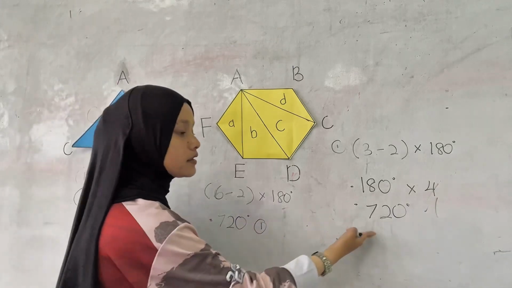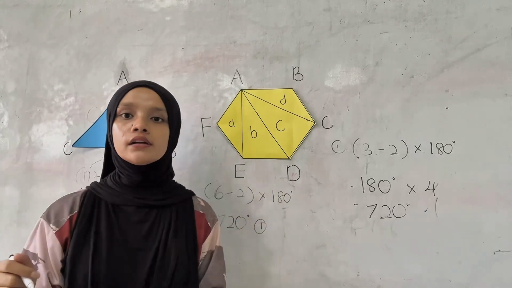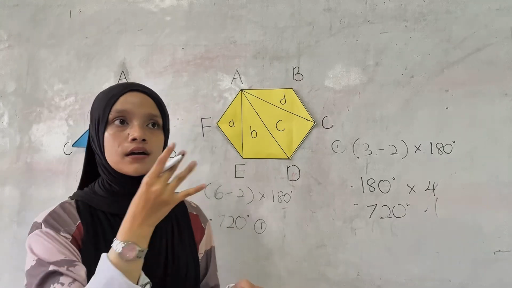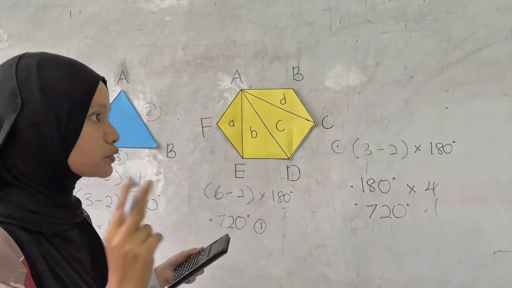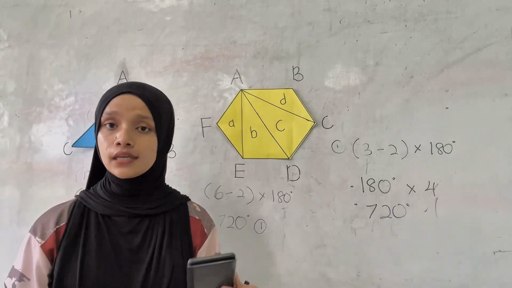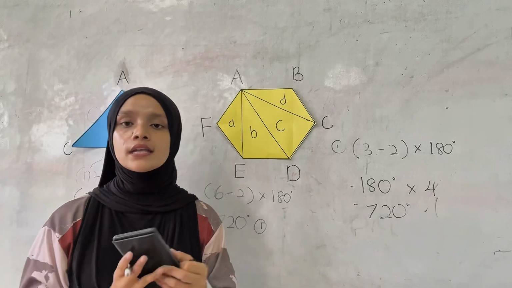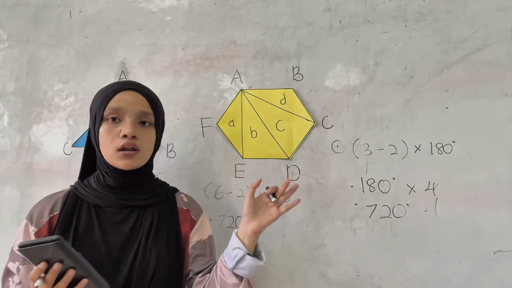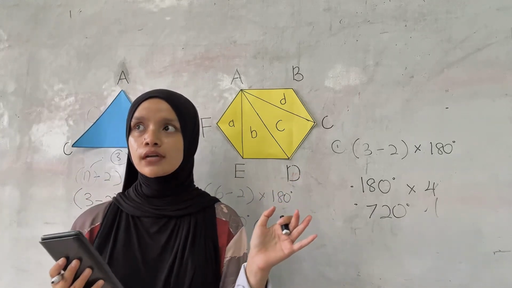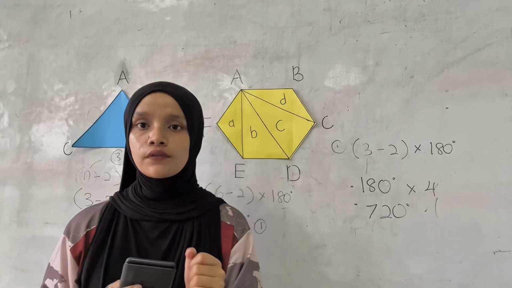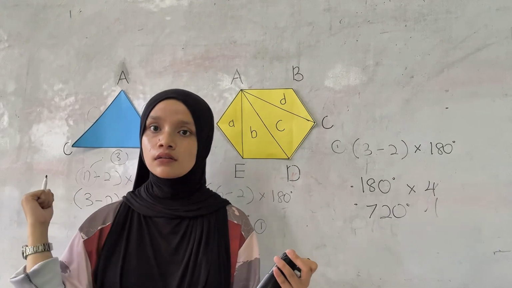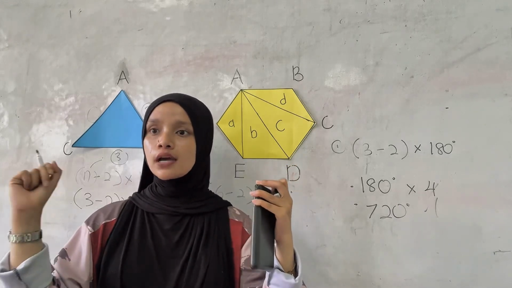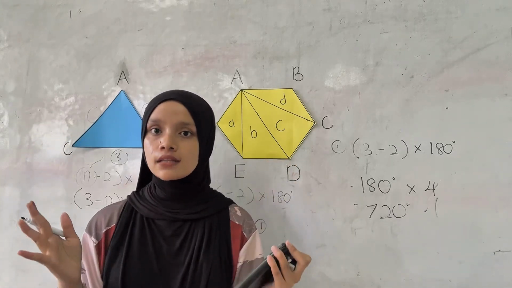It's the same, right? So here you can see the two different formulas that we can use to calculate the hexagon. Actually, this formula is not only used for hexagons, but you can use it with other polygons such as pentagon and octagon. So you can try it on your own.